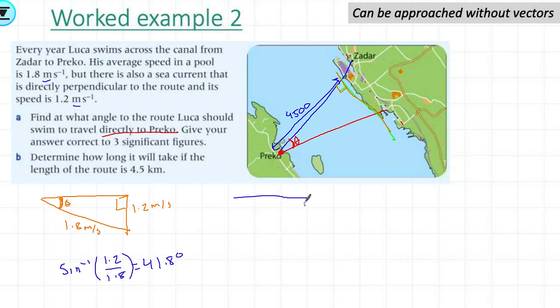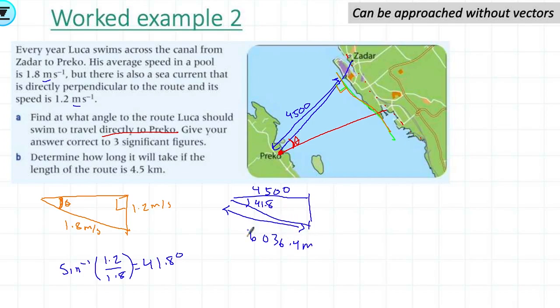Well, if I take the same triangle, and this is 4,500, but since I know the angle, I can find the distance that Lucas is going to travel here using, again, Pythagoras. So using the cos ratio, it's going to give me 6,036.4 meters.